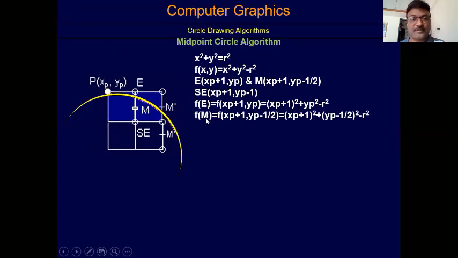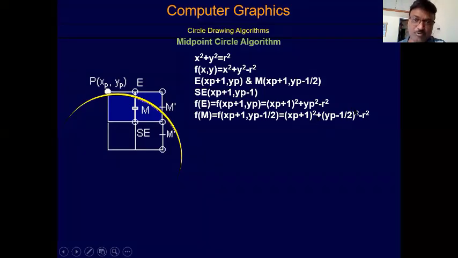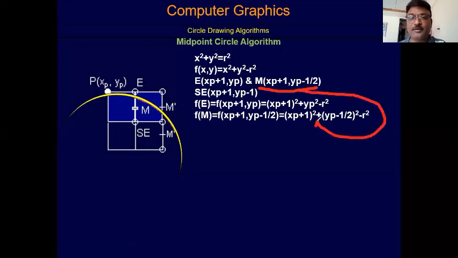Now what is f of M? It is f of xp plus 1, yp minus 1 by 2: (xp plus 1) whole square, plus (yp minus 1 by 2) whole square minus r square. Because this is my point M, yp points over here. So this is the equation for your M point, and this is the entire equation for your E. Okay, so these two are the equations.